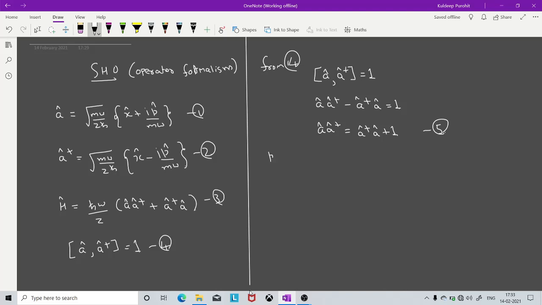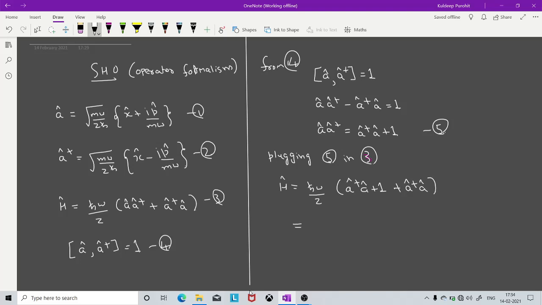So plugging 5 in equation number 3, we will get H, which is your Hamiltonian operator, equal to h cut omega by 2 times (a a dagger plus a dagger a). I can write a a dagger as a dagger a plus 1, plus a dagger a.